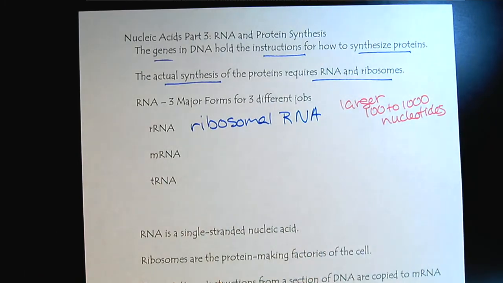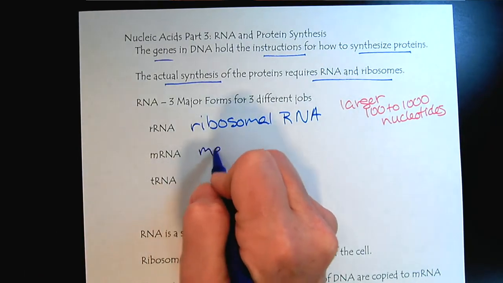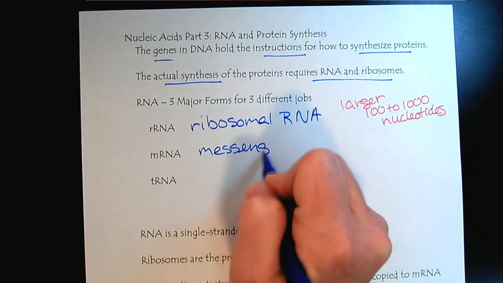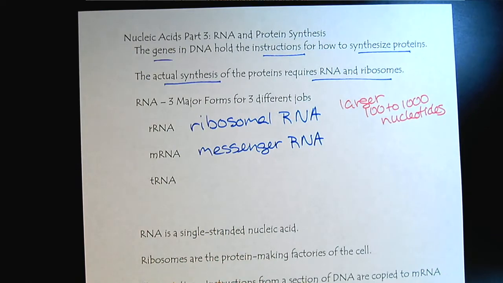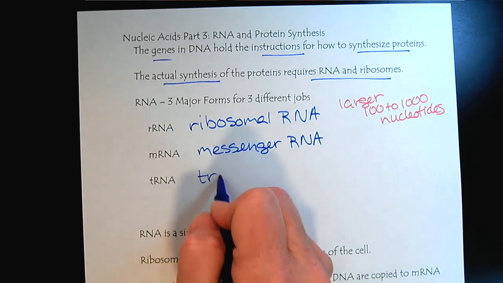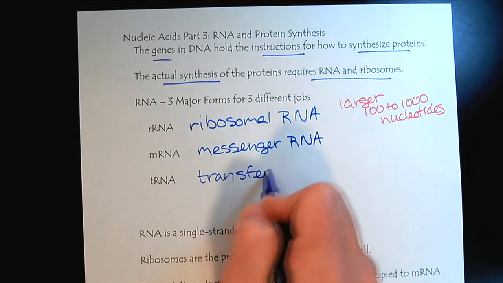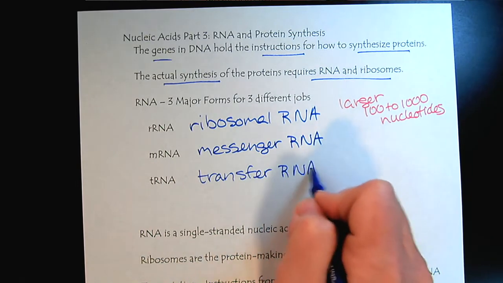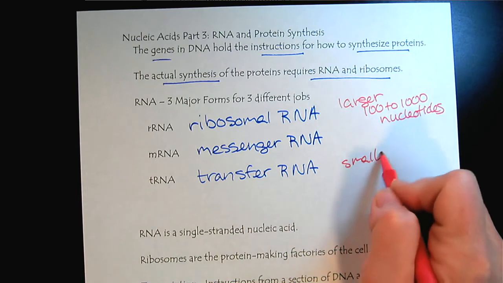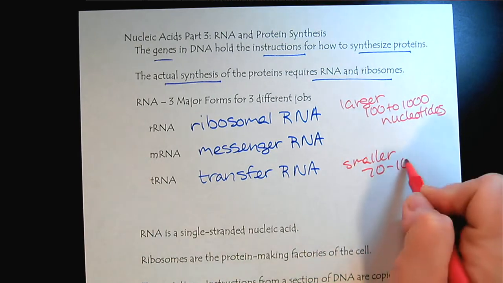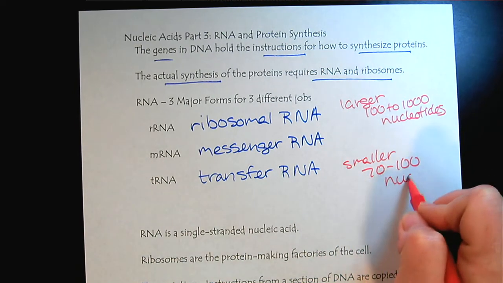And then the mRNA is the messenger RNA. And then the last form is the transfer RNA. And it tends to be the smaller one with only typically 70 to 100 nucleotides.